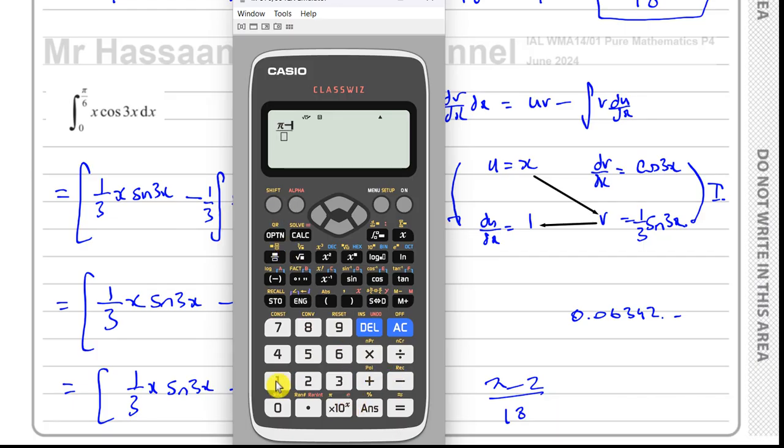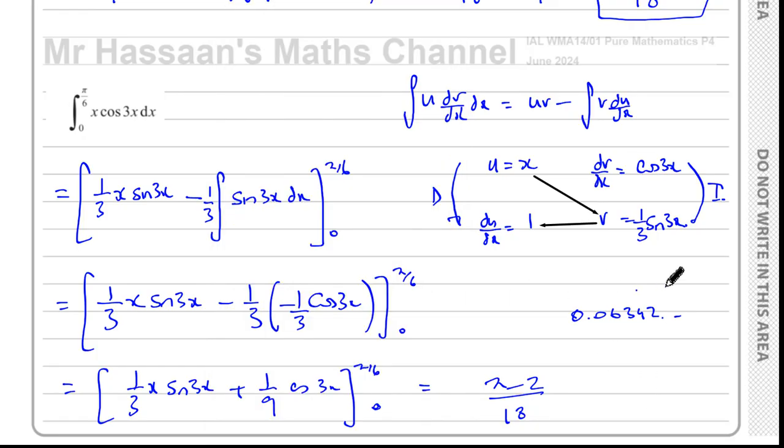So pi minus 2 over 18 gives us exactly the same answer. So we can verify that we've done the right thing. That's a little way you can check.